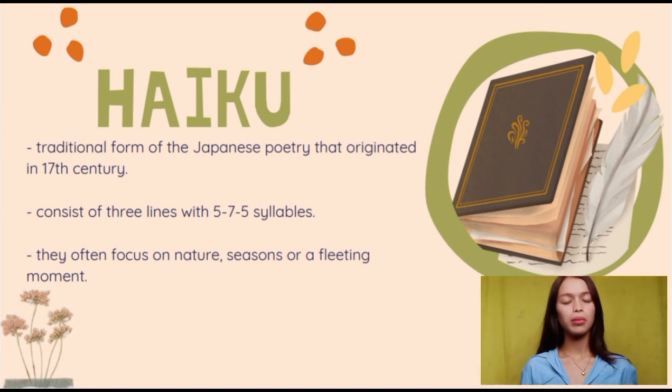So the common themes of haiku in poetry include nature. Typically, it depicts scenes from landscapes such as plants, animals, or weather. Could also be about seasonal references. It talks about specific seasons, highlighting the beauty characteristic of each season.